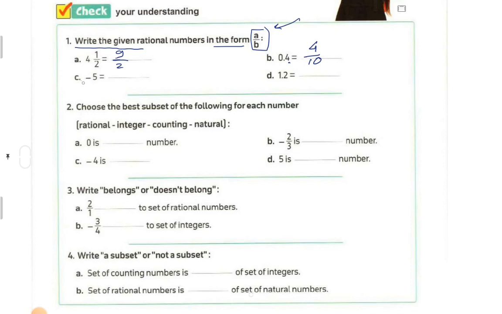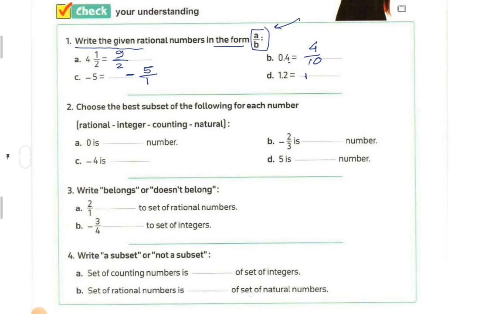C, negative 5. Negative 5 is already an integer, right? Any integer I can write as a fraction with 1 in the denominator. Any number without a denominator, I can put 1 as its denominator. Okay, negative 5 over 1.